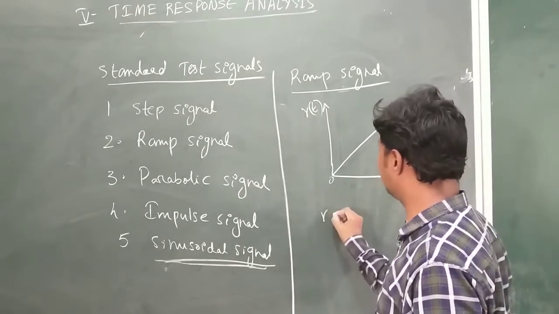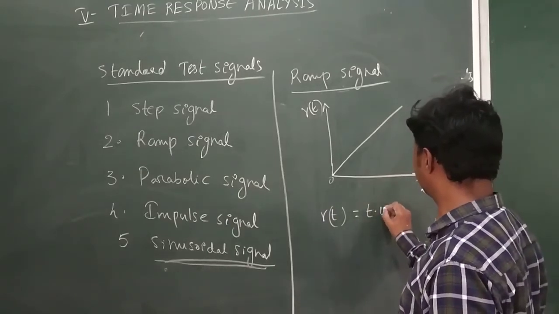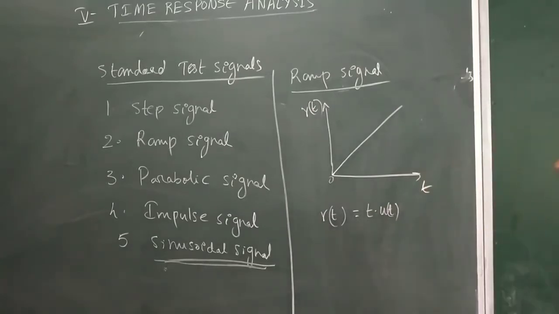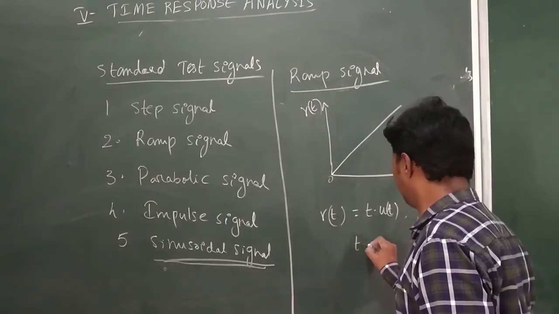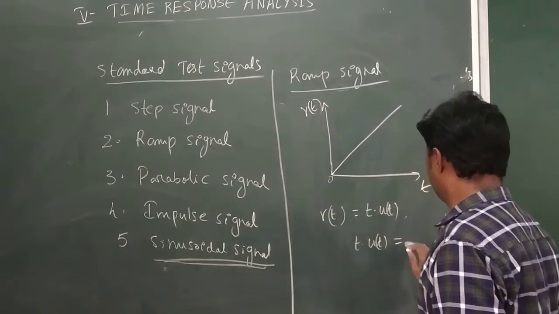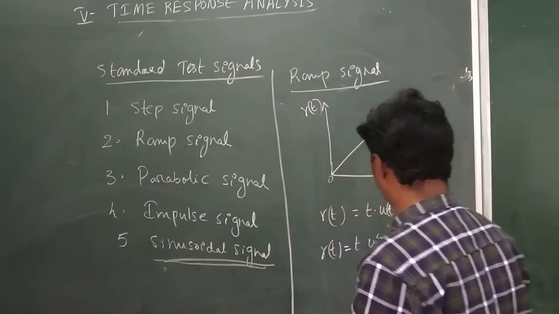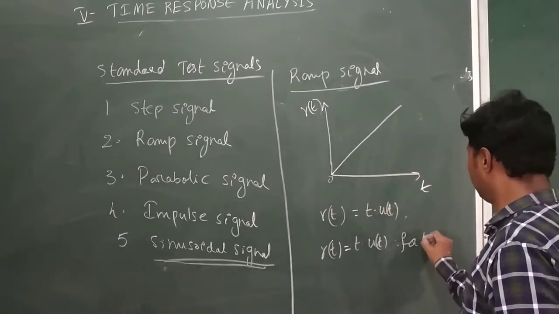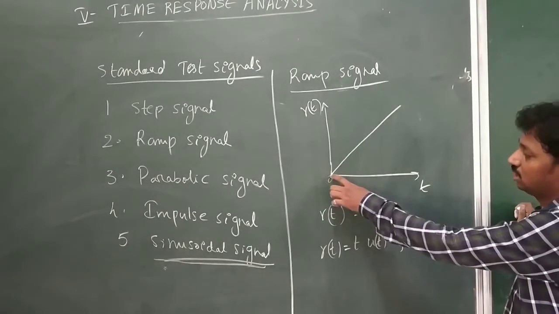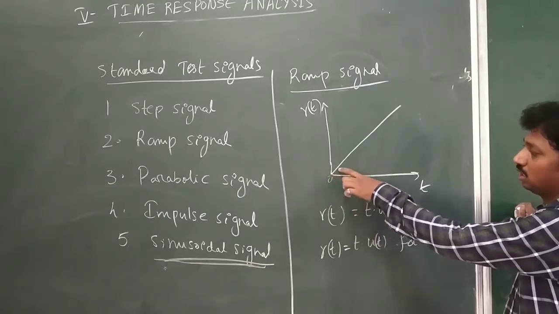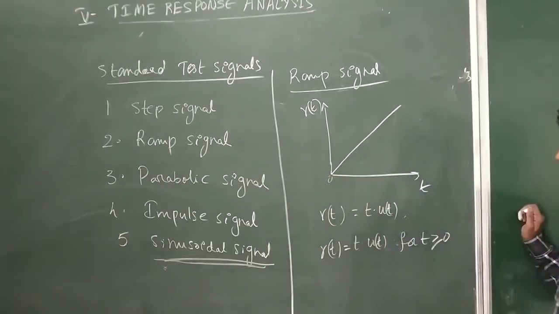R of t is equal to t into U of t for all t greater than or equal to 0. It starts at t equal to 0, and at t equal to 1 it will increase, so it will have a slope like this. This is a linear graph you will get.